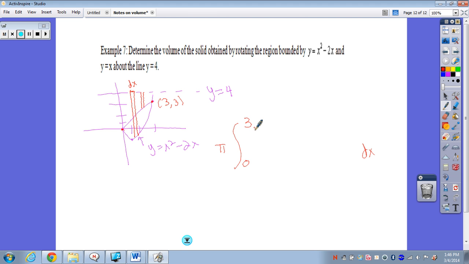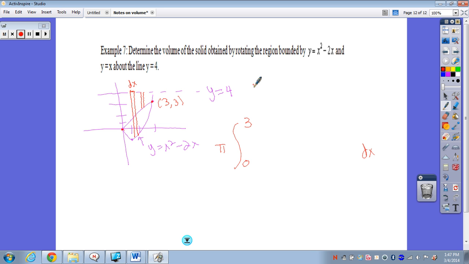And then we have to figure out our outer radius and our inner radius. So in this case, it won't technically matter because we're squaring it, but we always want to do the more positive minus the less positive. So when we subtract to figure out our radius, when we do 4, we're going to actually do 4 minus our curve, because this distance is going to be this minus whatever our curve is, and that's going to give us our radius, what is left over.